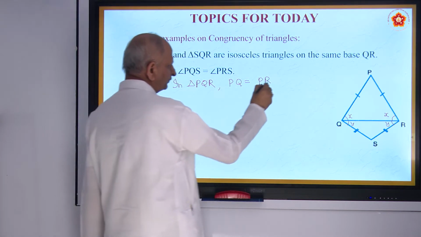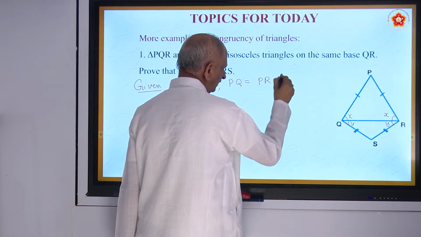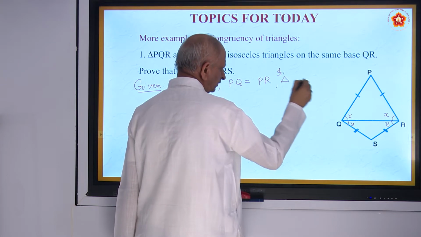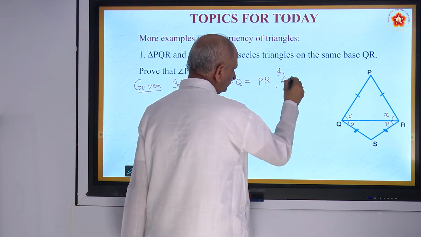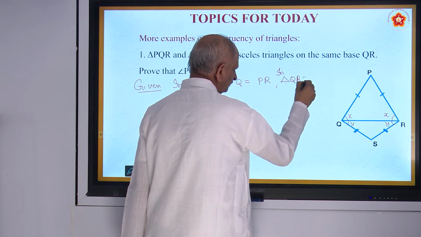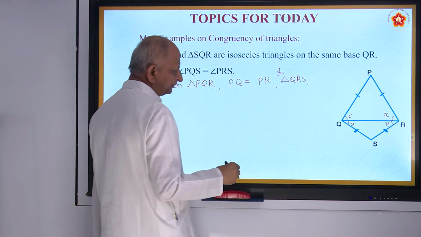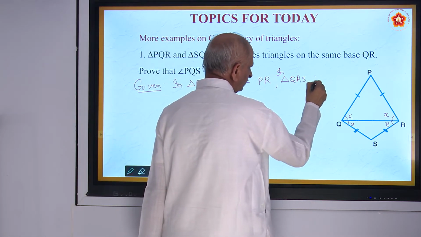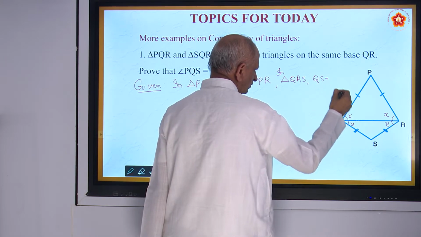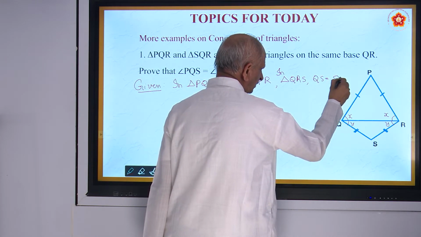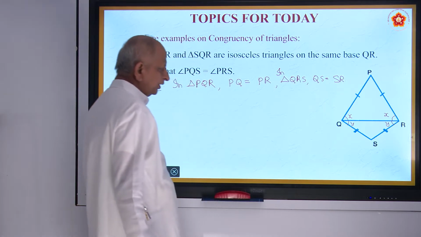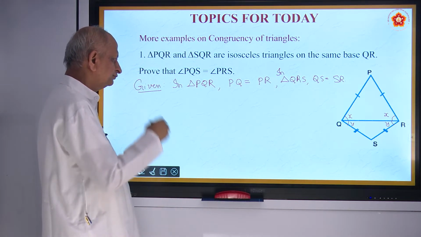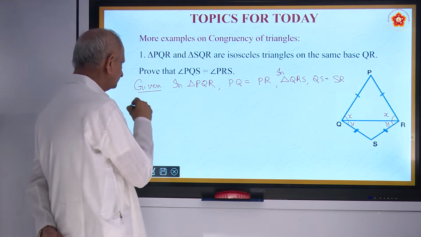Also in triangle QRS, QS is equal to SR. That is given.